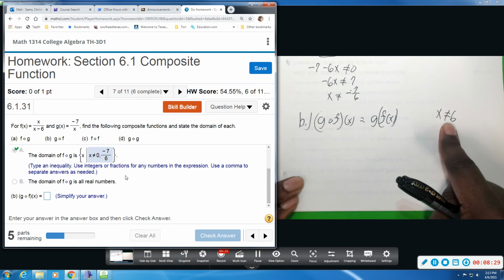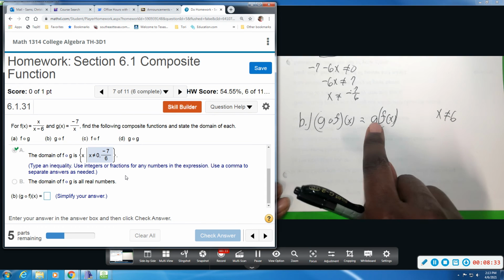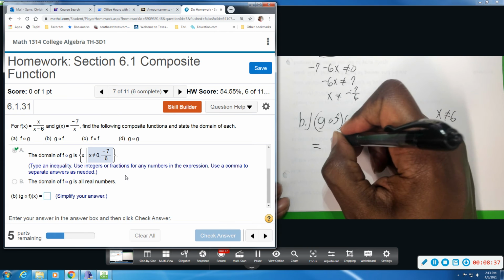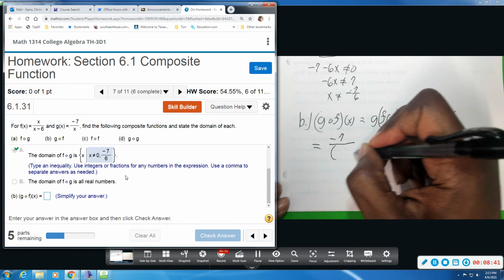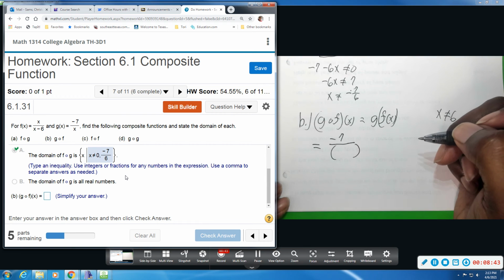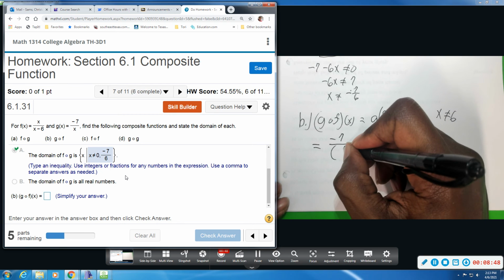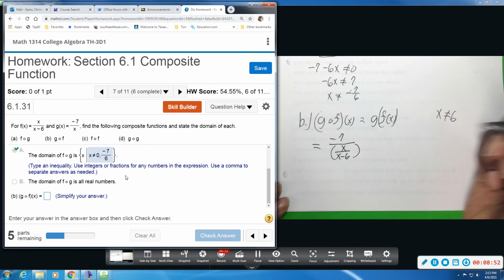So that restriction is going to come along with whatever we end up with. So the g is what we start with first. G equation was negative 7 divided by x. Now in the place of x, we're replacing that with the f of x equation. So that will be x divided by x minus 6.